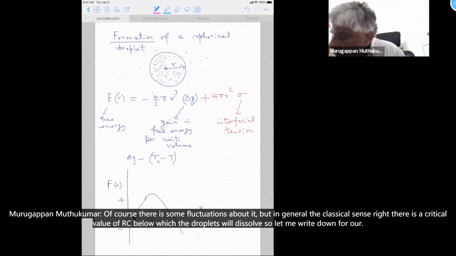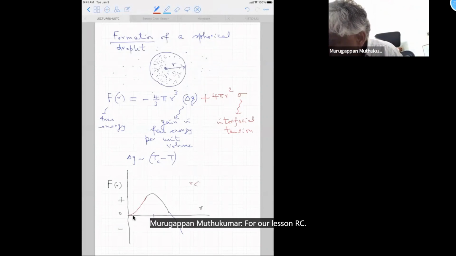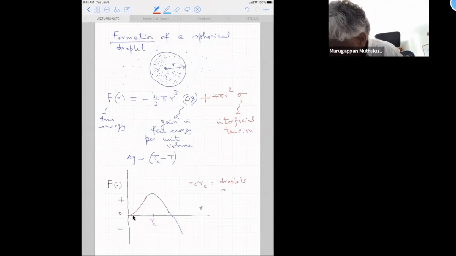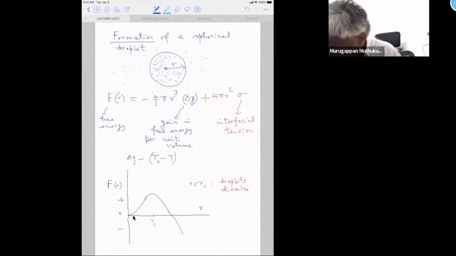So let me write down: for R less than RC, droplets dissolve. And for R greater than RC, droplets grow. Okay?